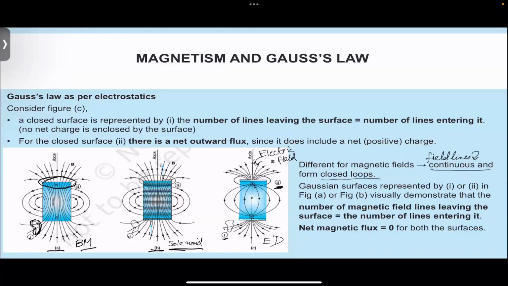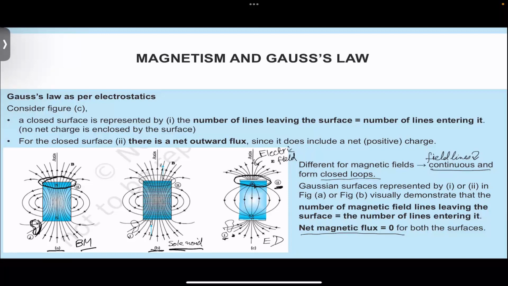The number of lines leaving the surface is equal to the number entering it, so the magnetic flux in both regions is 0, which is not the case for the electric dipole. Over here there was no net charge, so there is no flux, but in region 2 there is a net outward flux because it has a positive charge.